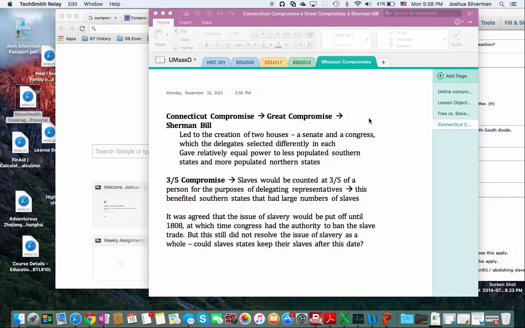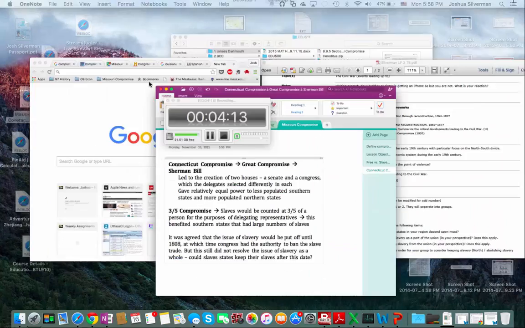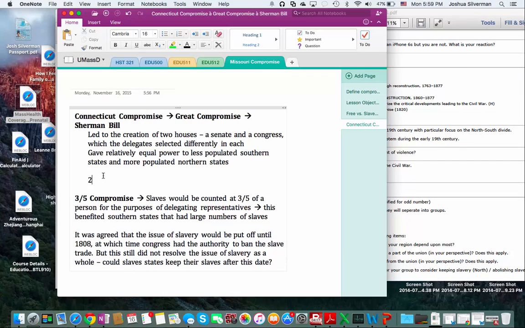We have a Senate and a House of Representatives. The delegates in each of these two houses are selected differently. It gave relatively equal power to less populated southern states and more populated northern states. The compromise gave two representatives to every state in the Senate.